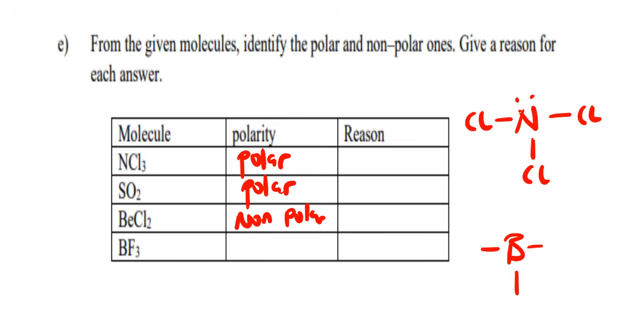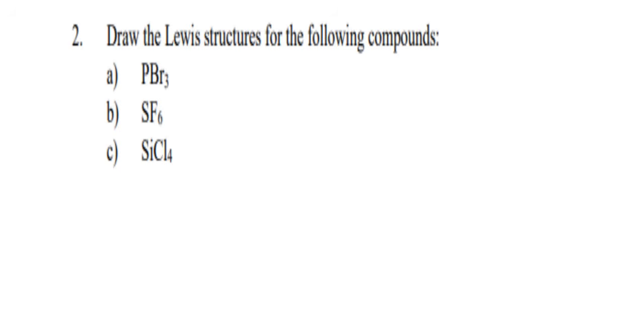So it's able to accommodate a lot of structures. So that is our fluorine, that is our fluorine, that is our fluorine. Now the bond dipoles are going to cancel out each other, because this one is pulling electrons, this one is also pulling electrons, even this one is also pulling electrons in that direction. All of them are going to cancel out each other, and this will also be a non-polar structure. Okay, so that is important for us to understand.